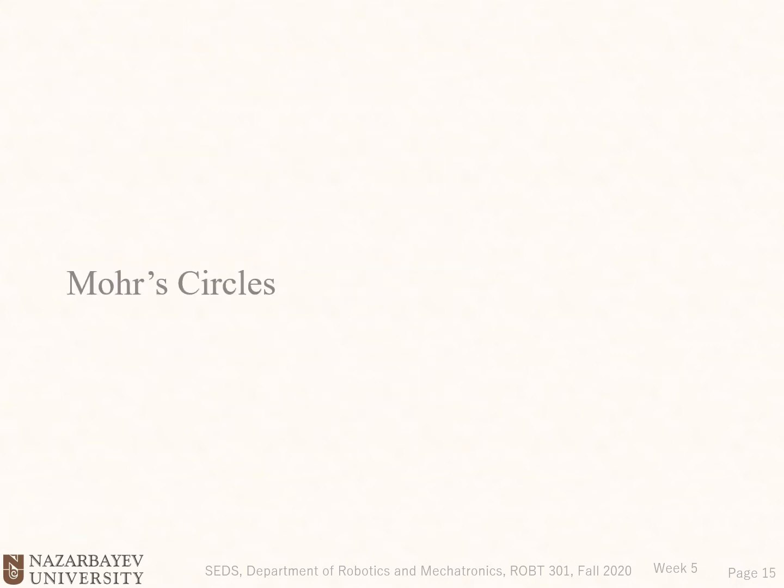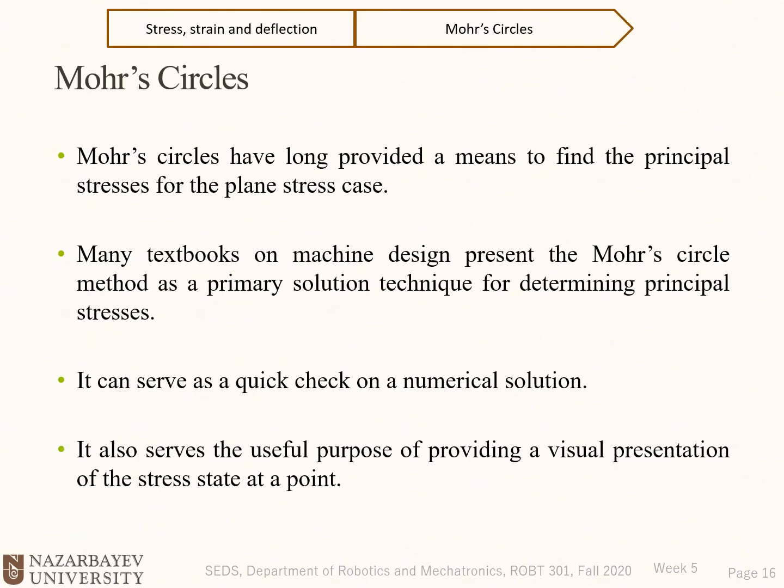Okay, Mohr's circle. Mohr's circle has long provided the means to find the principal stresses for the plane stress case. So it's basically an alternative solution for those sigma x prime and tau x prime y prime functions.